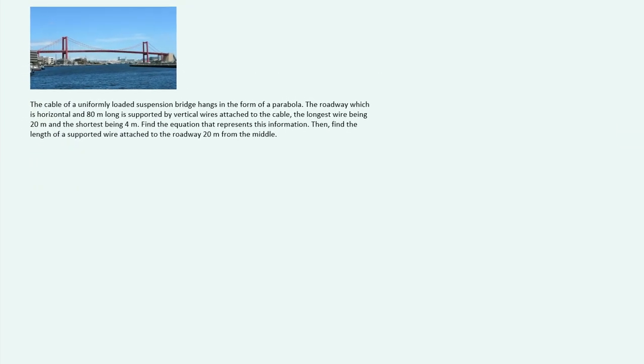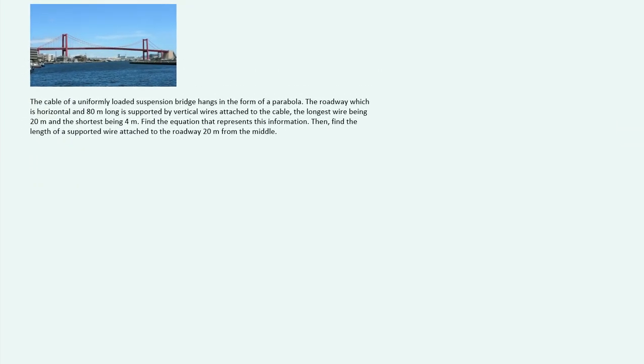So then we have a problem that has a cable suspended on a bridge, like so. It says that the roadway is horizontal and it's 80 meters long. And it says that it's supported by vertical wires where the longest one is 20 meters and the shortest one is 4 meters.